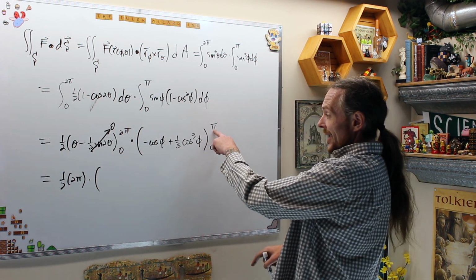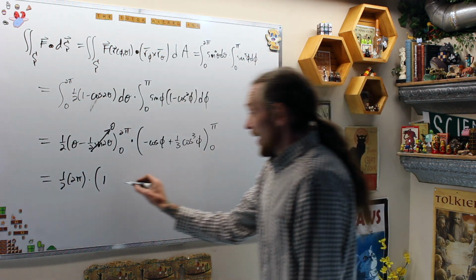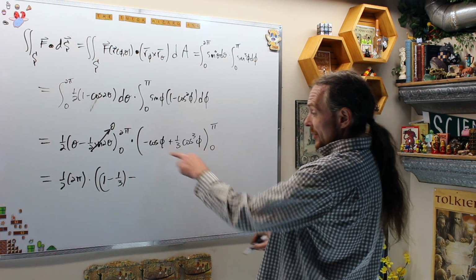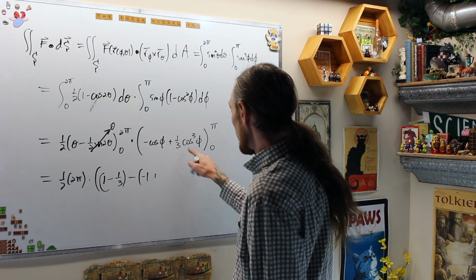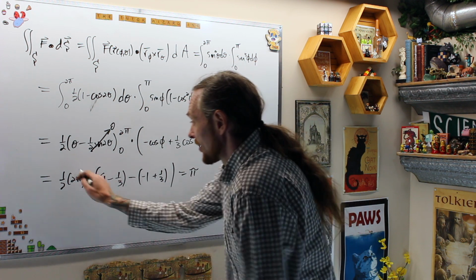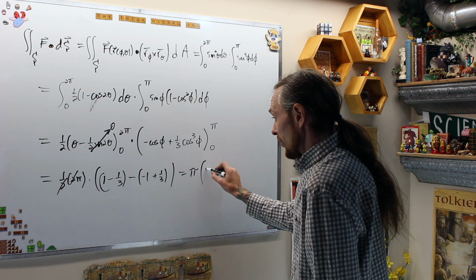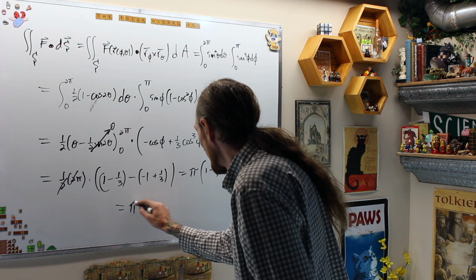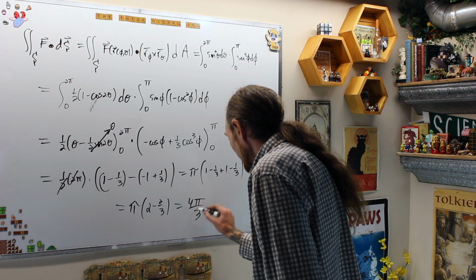Cos of pi is -1, so negative is going to give me 1, and then here I'm going to get minus 1/3, and then minus cos of 0 is 1, so I get minus 1, and then I'm going to get plus 1/3, so that is going to give me pi times 1 minus 1/3 plus 1 minus 1/3, which is equal to pi times 2 minus 2/3, which is 4 pi over 3.